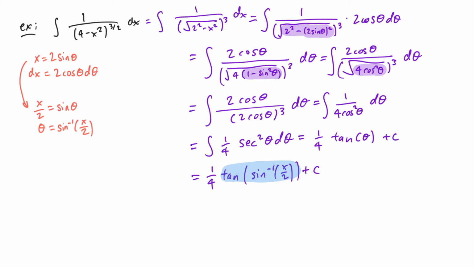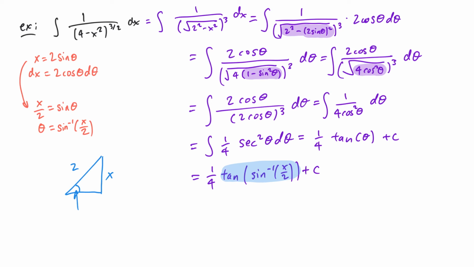So let's imagine a right triangle where one of the sides has length x and the hypotenuse has length 2. So the arc sine of x over 2 would be referring to this angle right here.